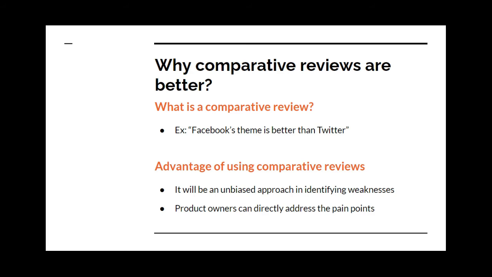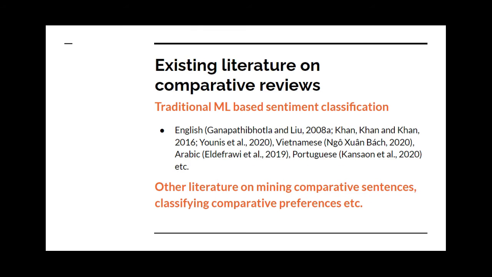There are no other factors which would influence this review. The other advantage is, as I mentioned, it is an unbiased approach to identify the weaknesses, and product owners can directly address the pain points. These were also mentioned during the interviews with domain experts.